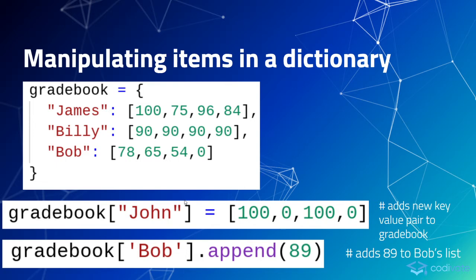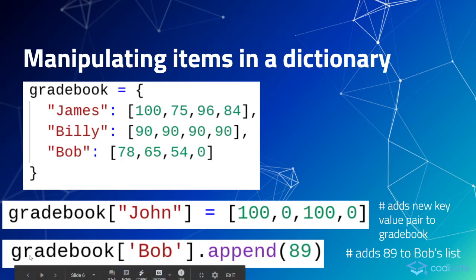So one thing that we saw with lists is that we can use the append method. We can't use the append method to directly add something to a dictionary, but we can use the append method to work with lists. For example, here, we know that gradebook Bob has this value, 78, 65, 54, 0.